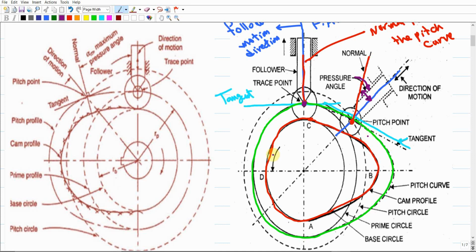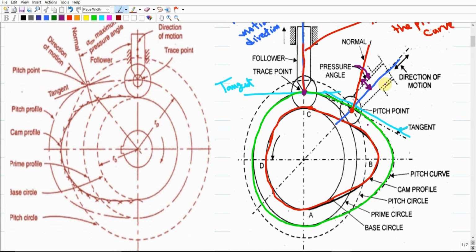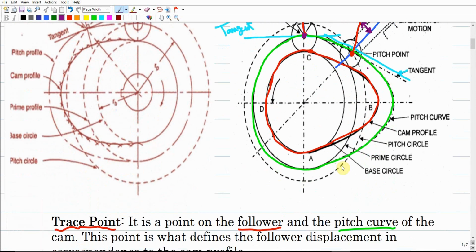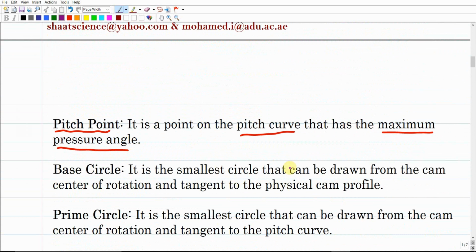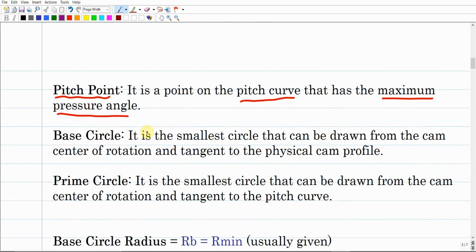This pitch point is important in case we are interested in the force analysis and specifying the maximum pressure angle. So to define the maximum pressure angle, you have to define the pitch point first. The pitch point is the point that belongs to the pitch curve that has the maximum pressure angle.